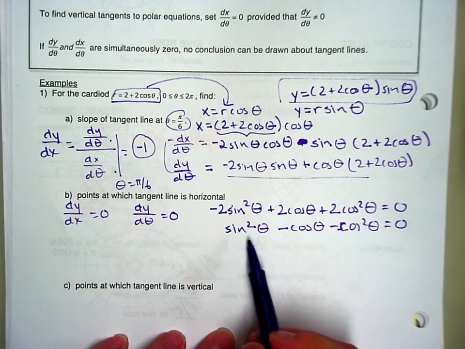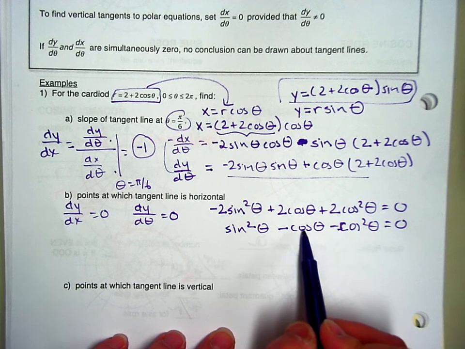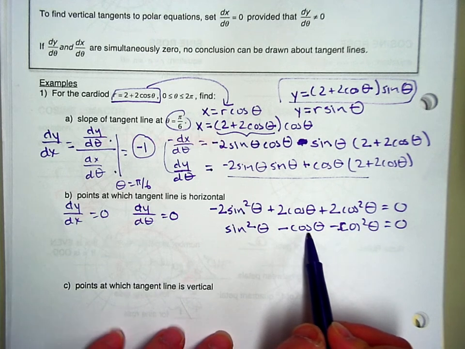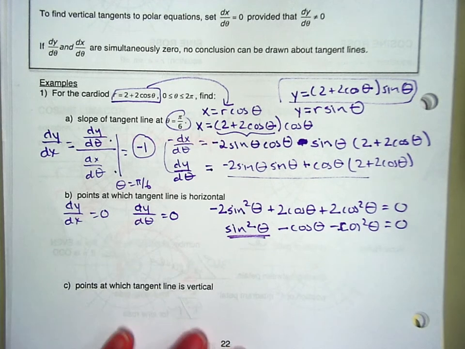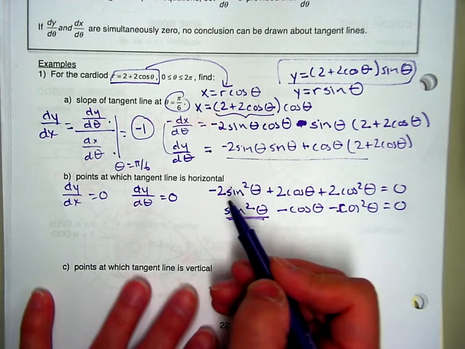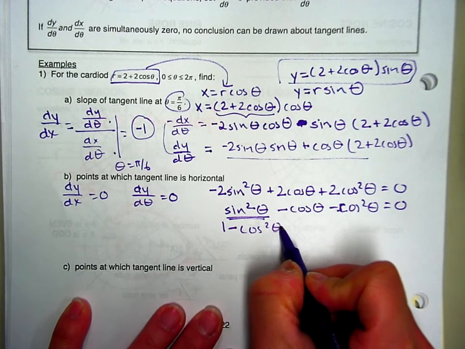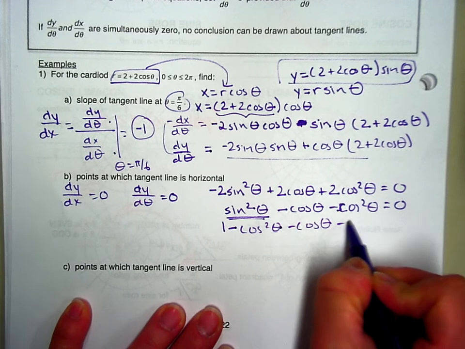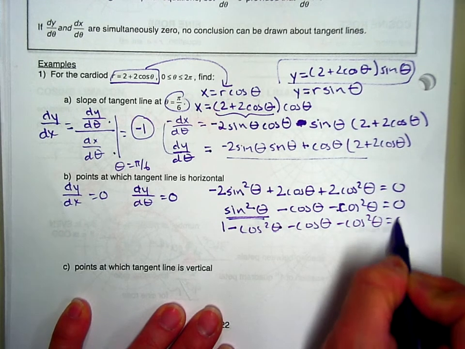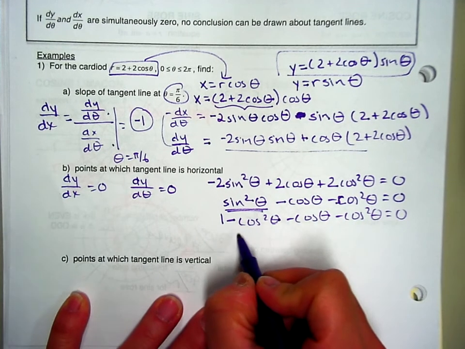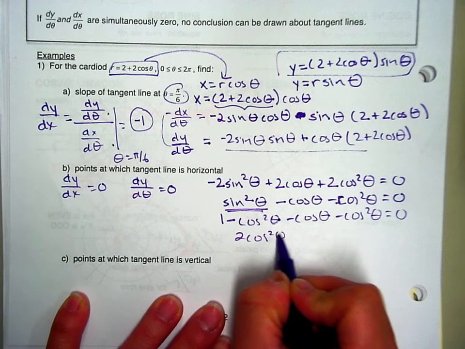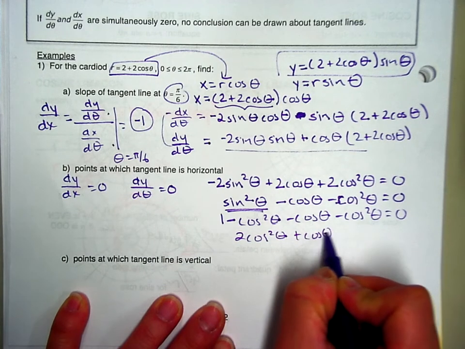I can't factor this at this point because I've got sine squared and cosine squared, but I have this extra term with the cosine, so that's my clue that you want to change the sine squared to be cosines. So I'm going to do a substitution, 1 minus cosine squared theta, for that. Everything else stays the same. And I'm going to combine like terms. I get 2 cosine squared theta plus cosine theta minus 1 equals 0.